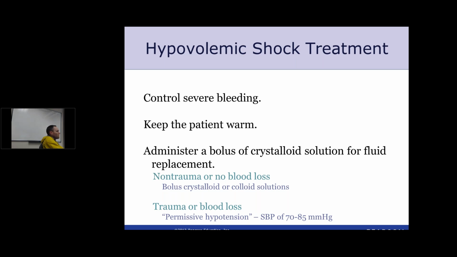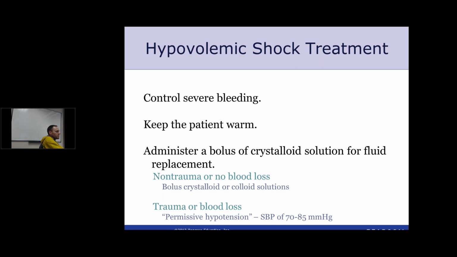Cold lessens coagulation. So if the patient remains cold, they have less coagulation effect. So try to make that patient warm, and their body will help out with their own bleeding better than you can. So administer crystalloid solution.